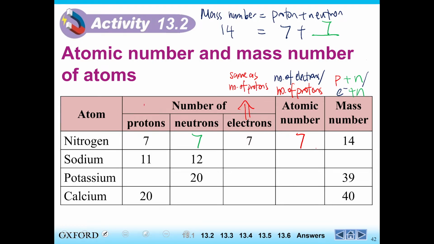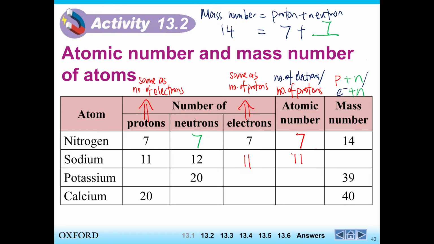The number of protons would be the same as the number of electrons. So if I have 11 protons here, then electrons would also be the same, that is 11. Perfect. And how about the atomic number? Atomic number is either the number of electrons or protons, so this would also be 11.